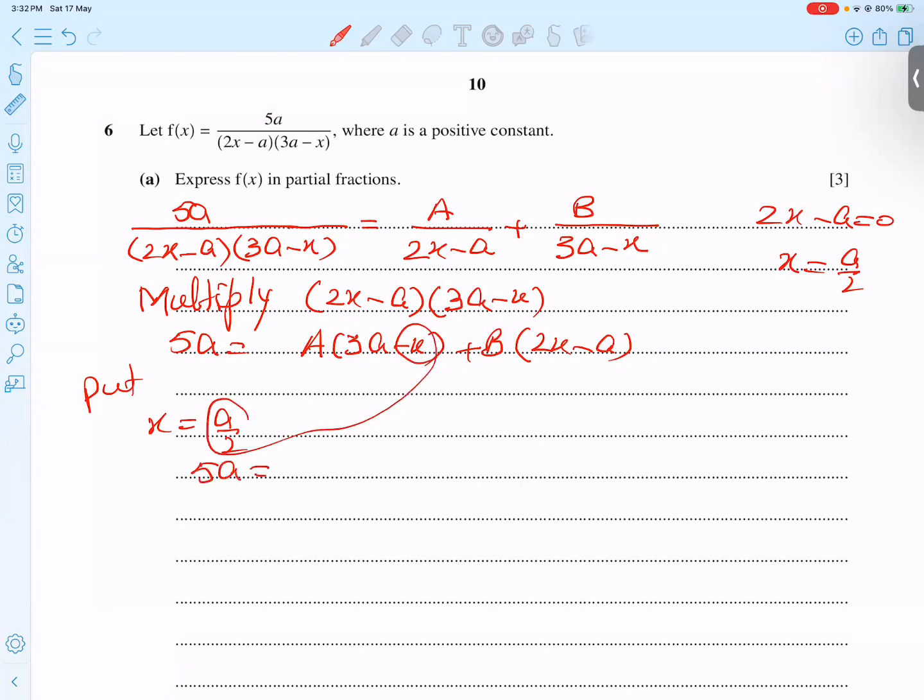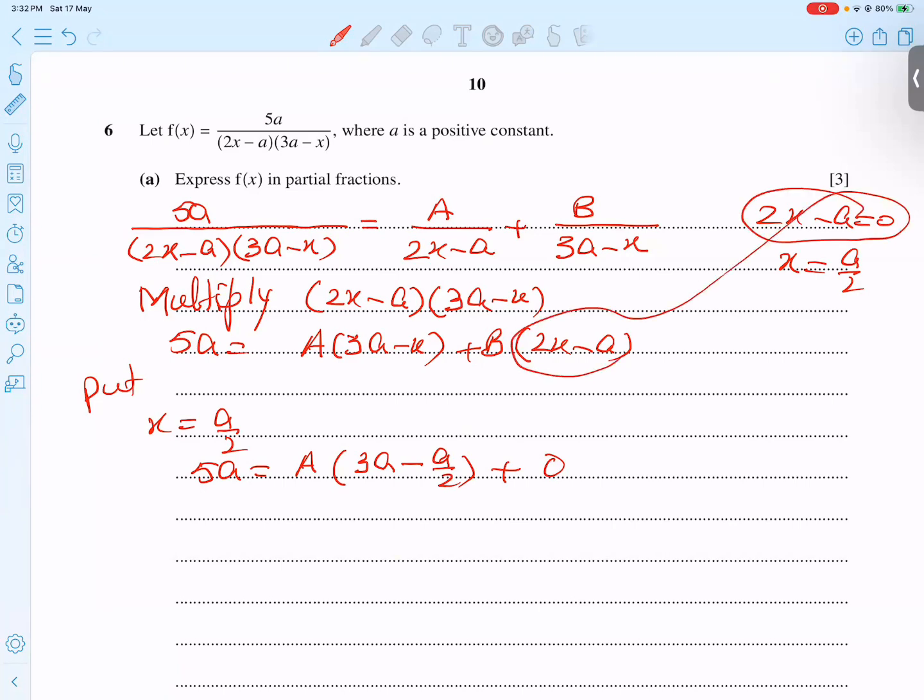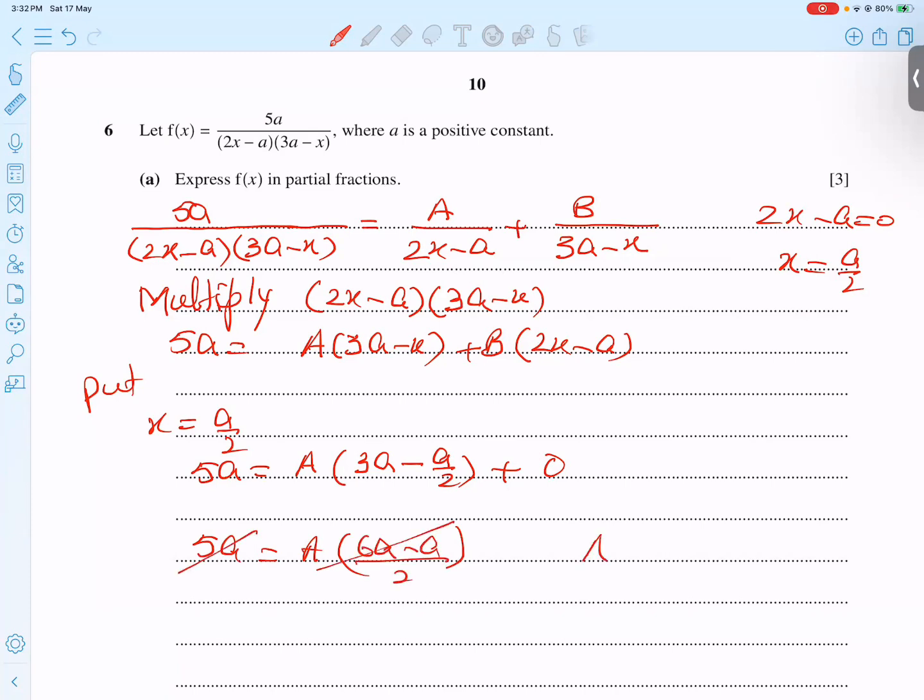When I plug in this here, I have to do it very carefully: 3a minus a by 2. But this becomes zero, I have taken this completely equal to 0. Even if you plug in this value here, you get a 0. So students, what I get in the bracket, LCM is 2, I got 6a minus a, 5a. And this 5a cancels. A becomes 2.